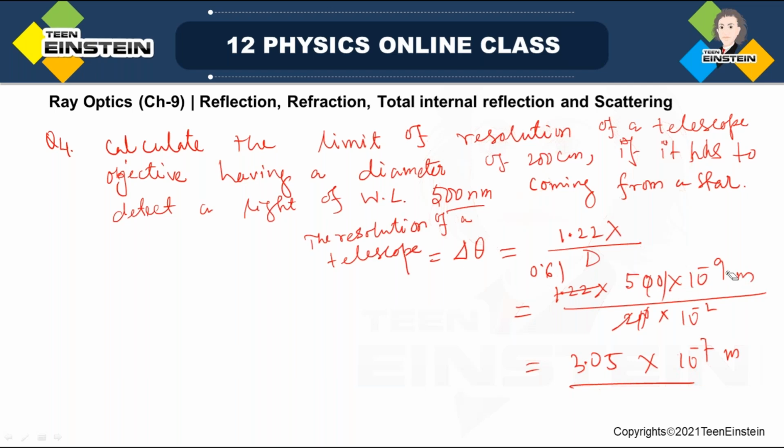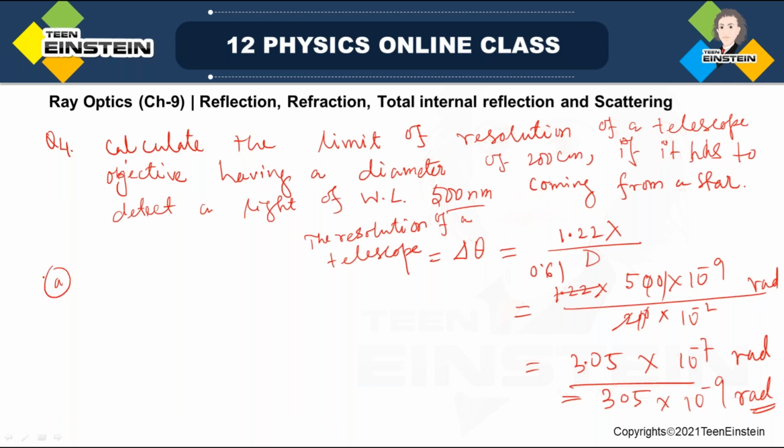This is actually theta, that means it will be in the unit of radian. So if we write in terms of 10 to the power minus 9, then it will be 305 into 10 to the power minus 9 rad.